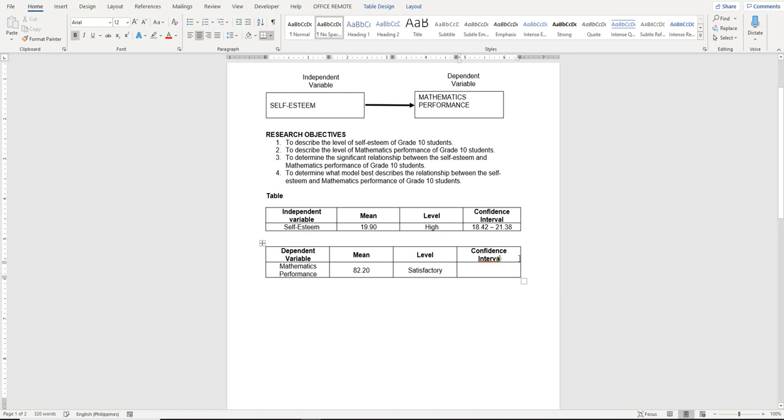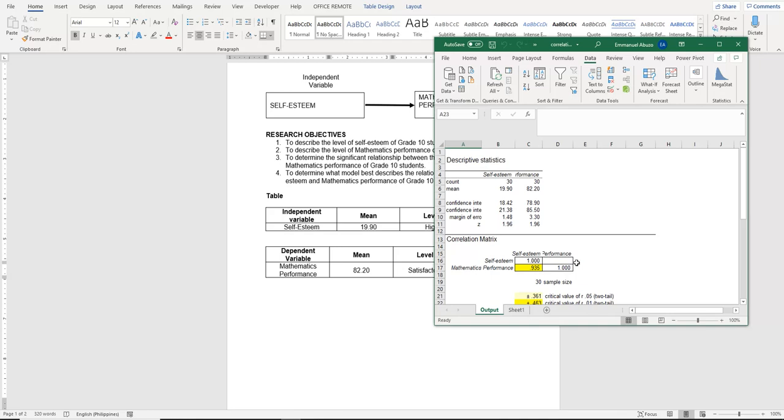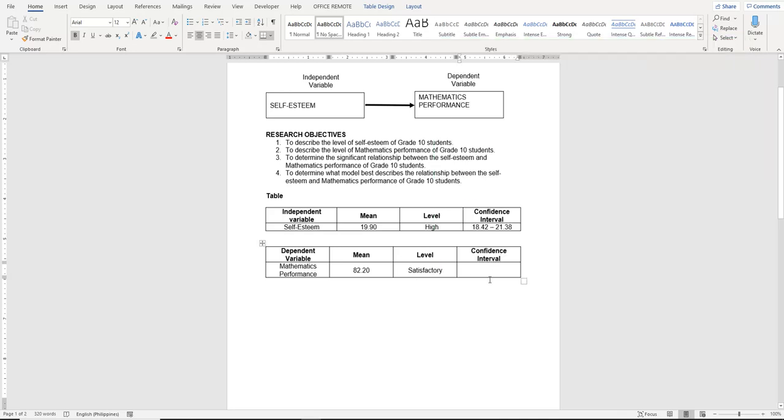And then the confidence interval is 78.9 to 85.5. So we already have answered objective number 2 and objective number 1.